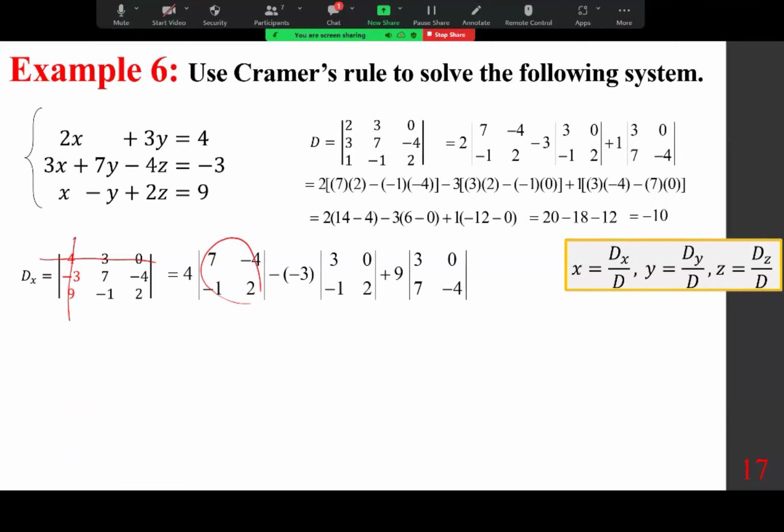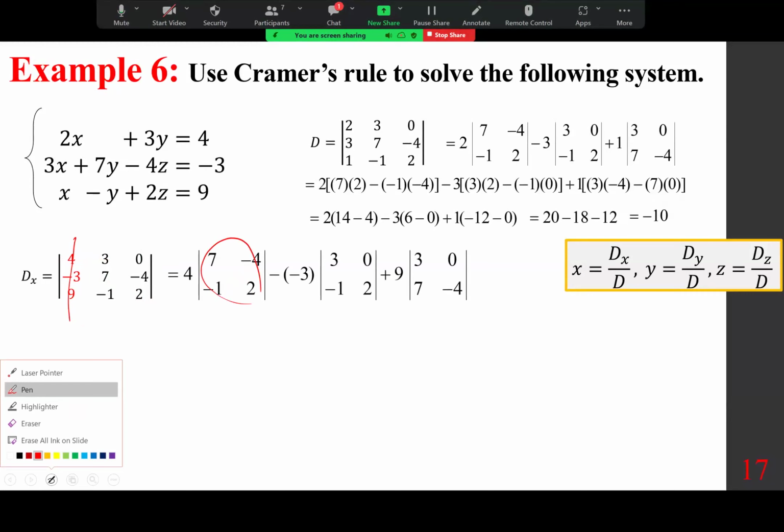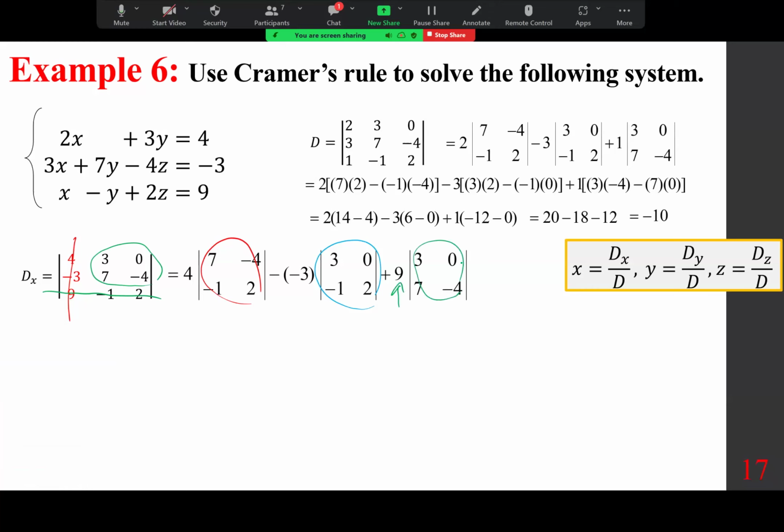Now, if we erase this and now cross this out, you end up with this. If we erase this and cross this out, you end up with this. See, 9 times this. And now this is again easy. You are going to evaluate it.